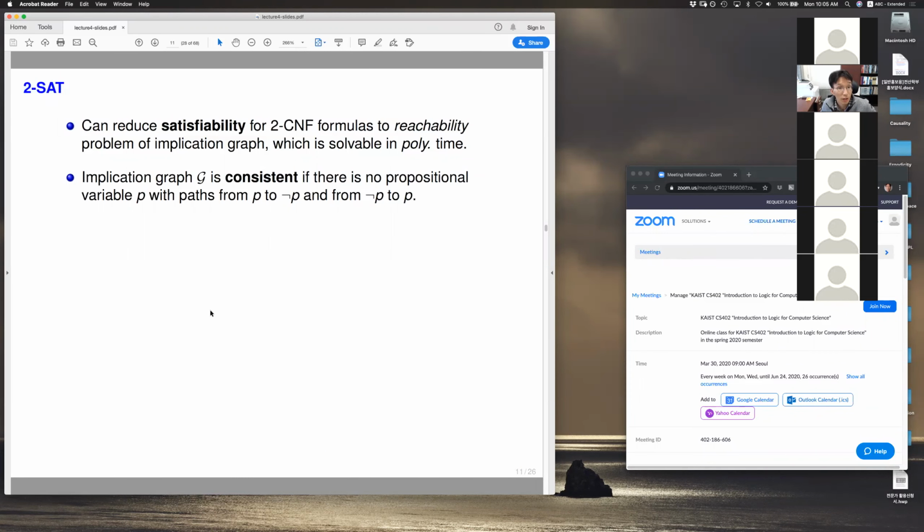So it turns out that for 2CNF formulas, satisfiability can be reduced to some kind of algorithmic question on graphs. Especially, it corresponds to some form of reachability problem on the implication graph, and most reachability problems on implication graphs can be solved in polynomial time.